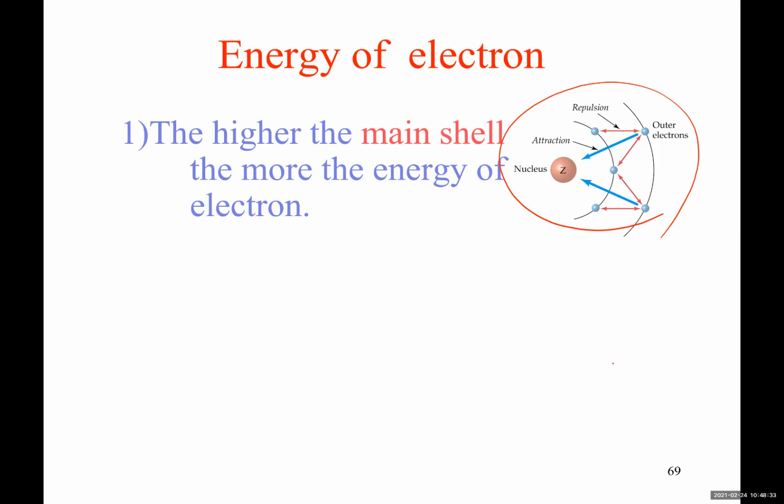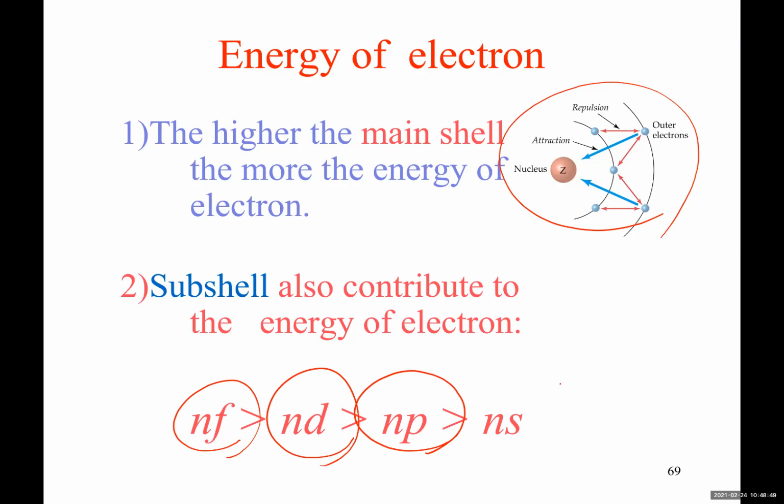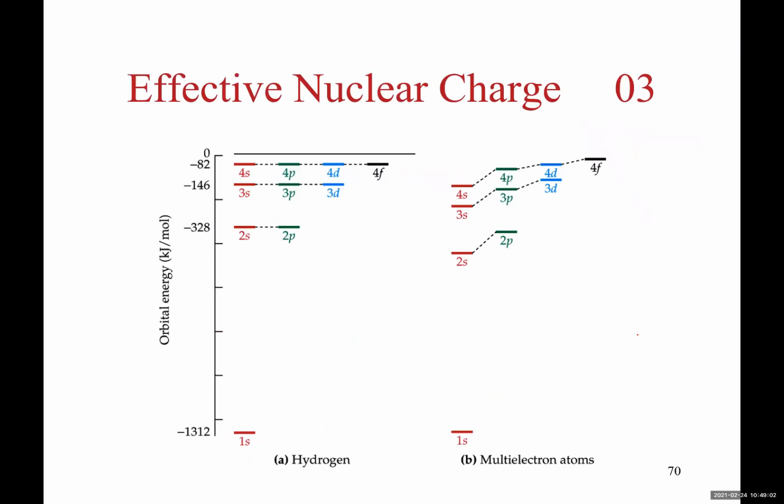When we look at the subshell, we said F electrons have more energy than D, which have more energy than P, which have more energy than S. So if I combine these 2 factors, I can come up with the relative energy of electrons in an atom. And, well, we know minimum energy electrons are in 1s.